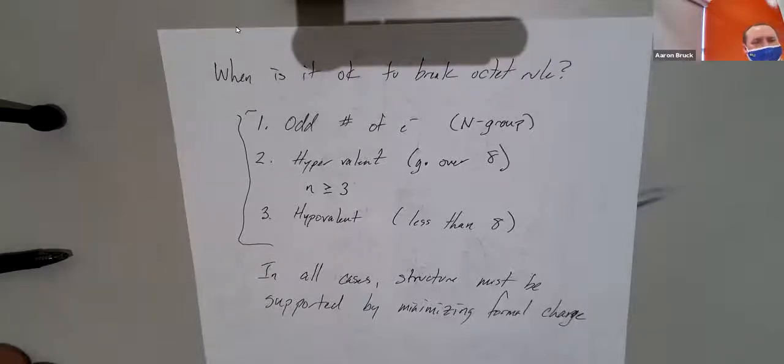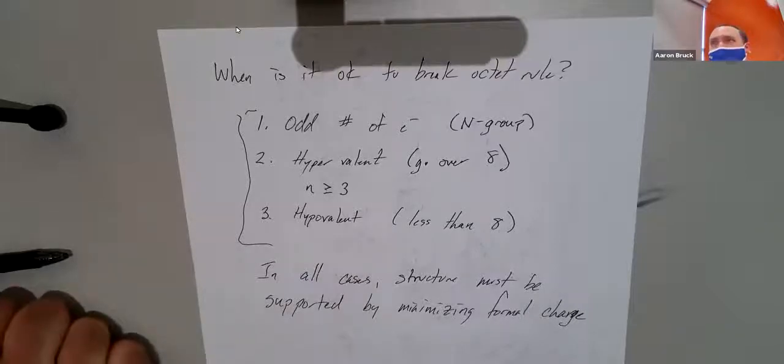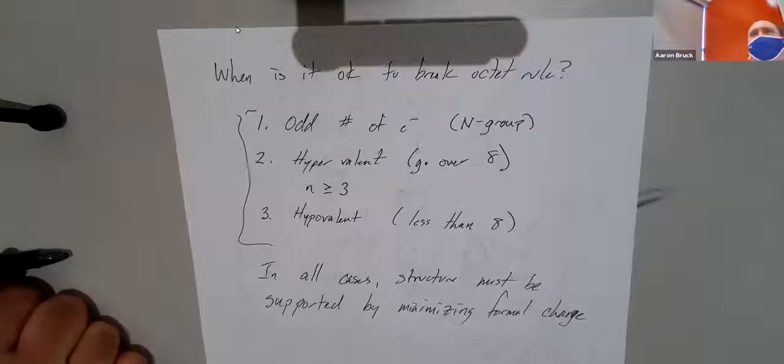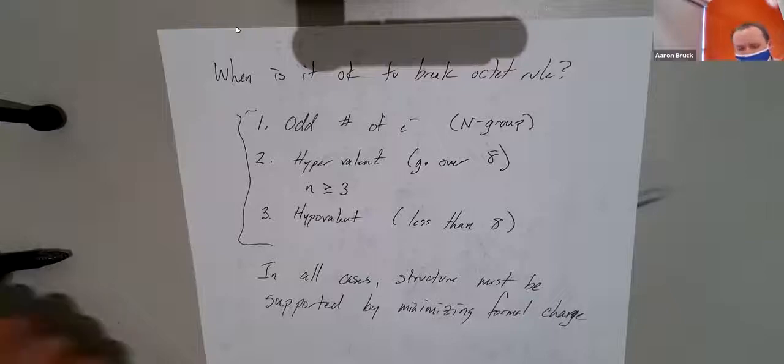There are 2 other scenarios. Hypervalency, going over 8 valence electrons. We've kind of alluded to this, the fact that it's a possibility. We're seeing it in the problem that we're working on right now, PF5. The only way that we can make PF5 is if we break the octet rule somewhere. The question is, when is it okay? And the answer, we have to have an element in the 3rd energy level or greater.